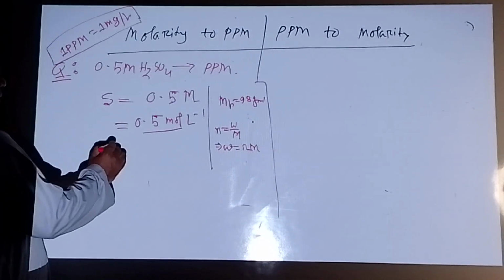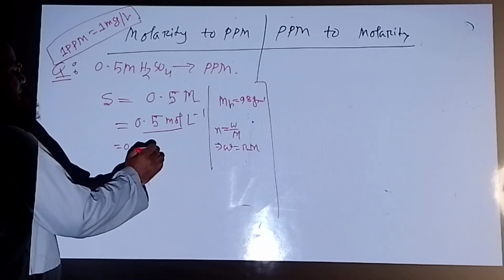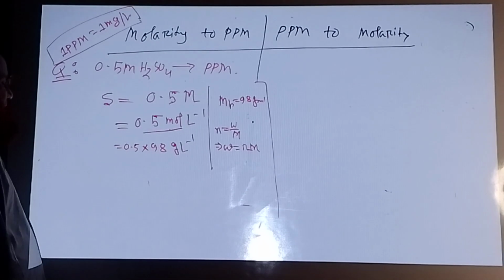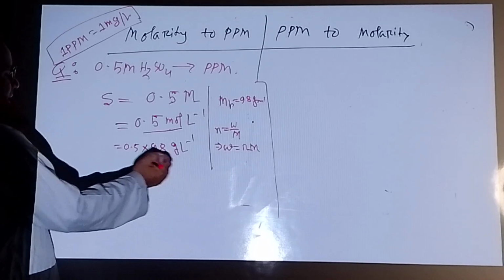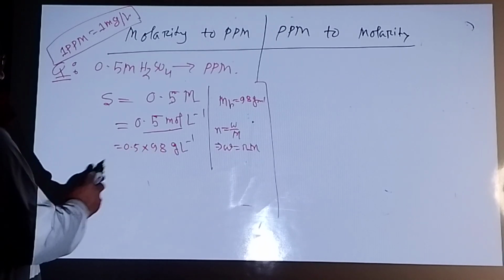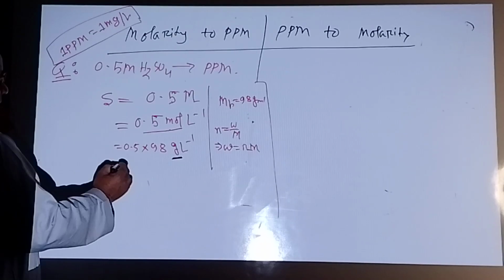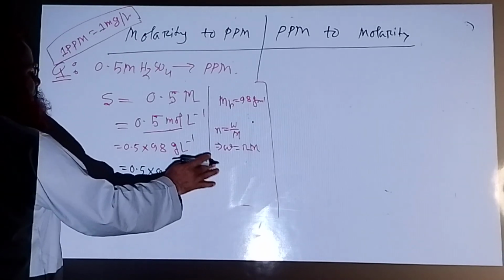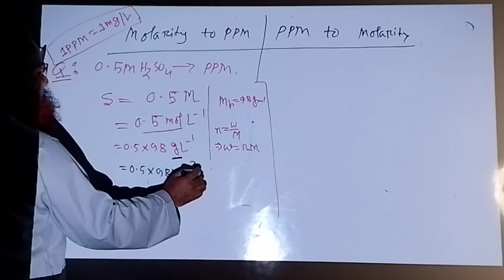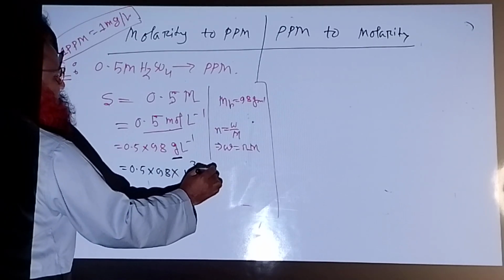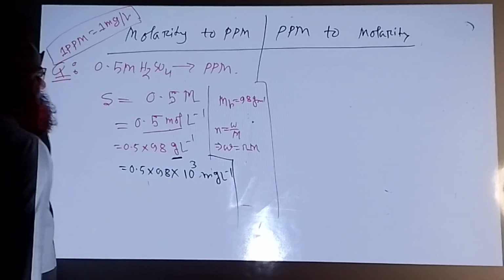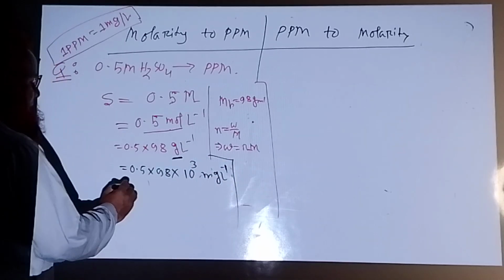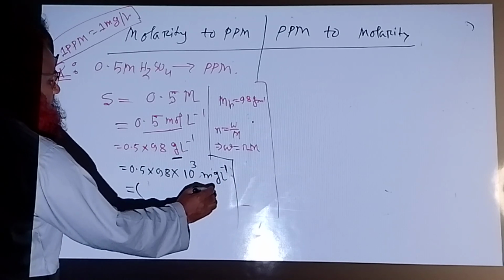Okay. So, 0.5 into 98 becomes what? Gram per liter. Now, we have to convert this gram into milligram. Okay. Now, 0.5 into 98 into what? Milligram is 1000. So, gram becomes what? Milligram per liter, and you know that milligram per liter is ppm. So, you can write this milligram per liter as ppm or directly ppm, both are correct.